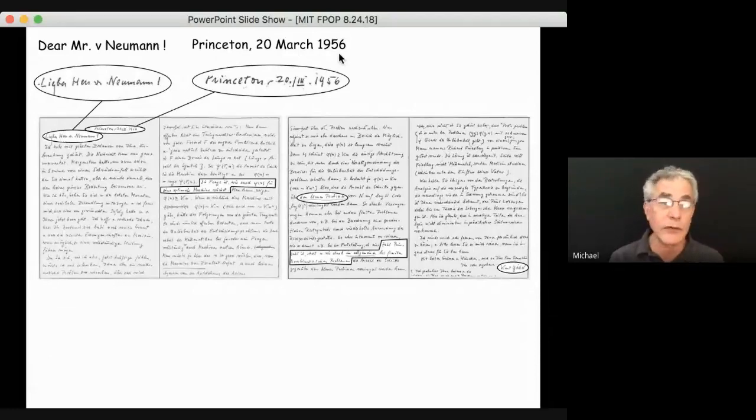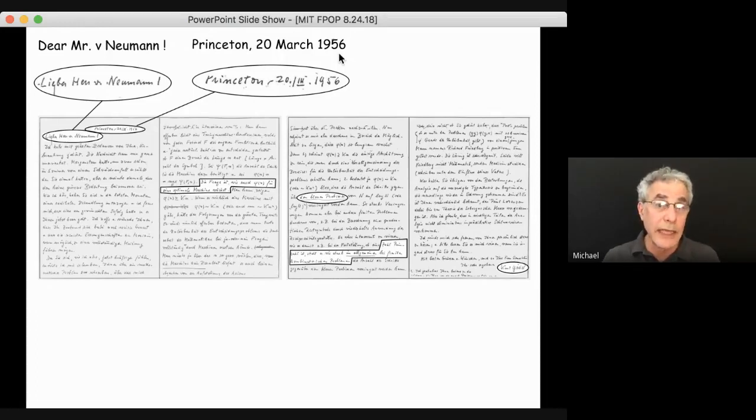Just as a little bit of a curiosity, both Gödel and von Neumann were members of the Institute for Advanced Study in Princeton at that time, in the mathematics building, presumably down the hall from one another. Why Gödel would have chosen to write a letter to von Neumann instead of just knocking on his door is unclear. It was well known that Gödel himself was kind of a quirky guy, very awkward and shy, maybe didn't feel comfortable talking to the very famous von Neumann.